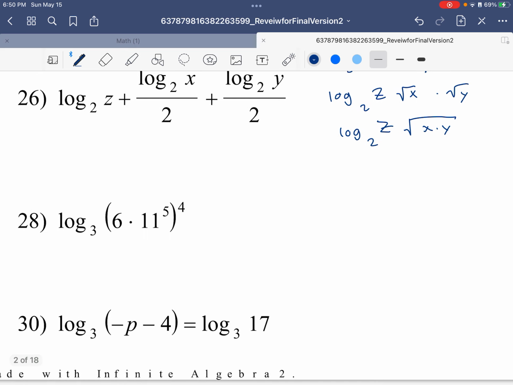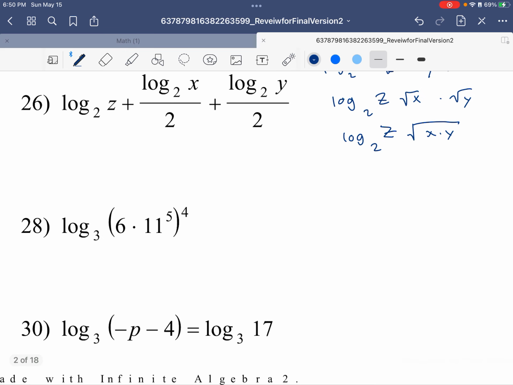Next we have this. So what I'm going to do is, since it's outside the parentheses, it applies to both the terms. So they're going to be added, but the 4 is still going to be a part of both terms. So I'm going to move that 4 to the front for both terms. And then combine it now.